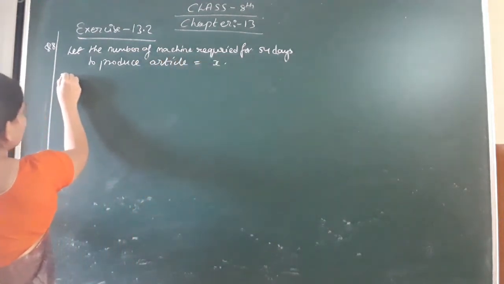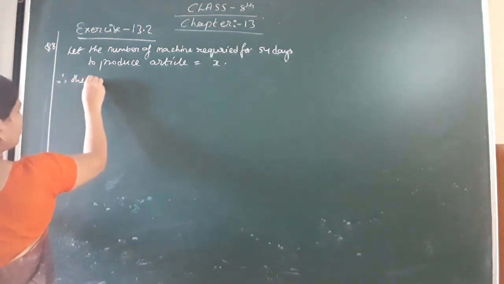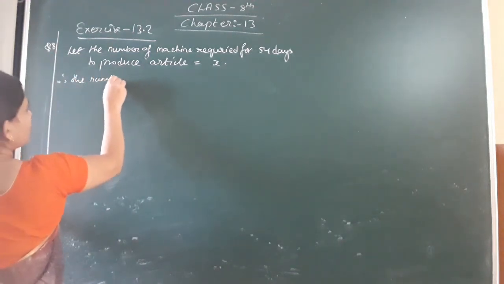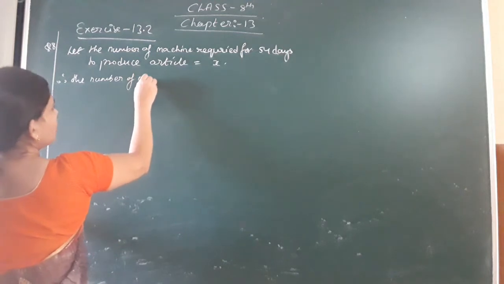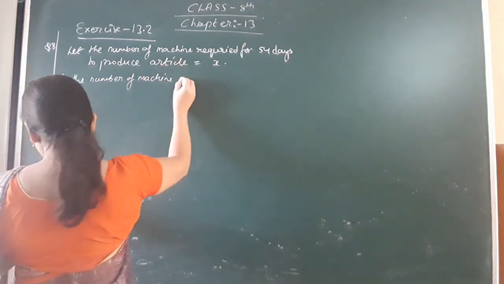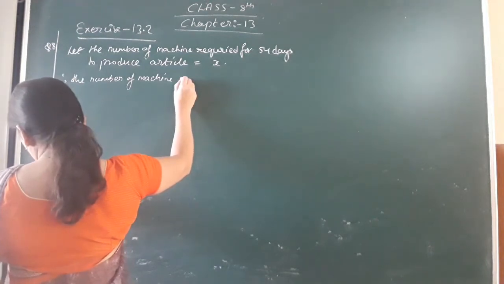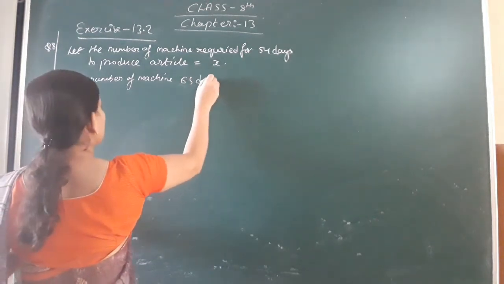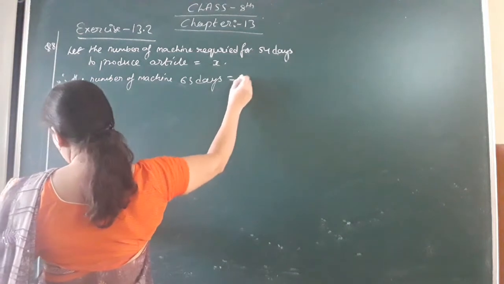As we know, the number of machines required in 63 days, 63 days में कितने machines की ज़रूरत पड़ा? That is given as 42.